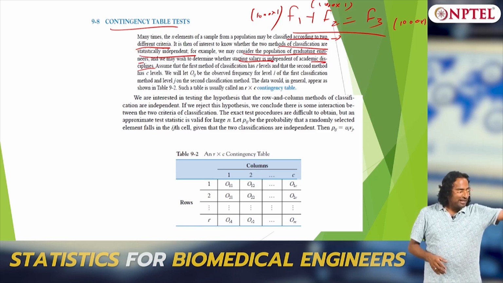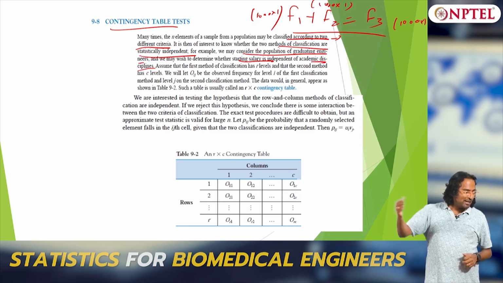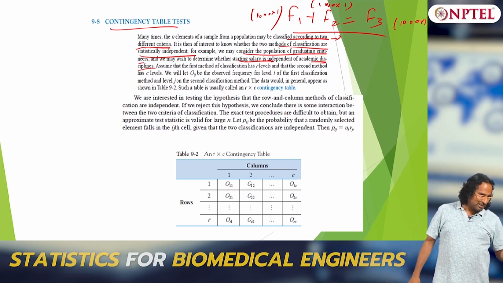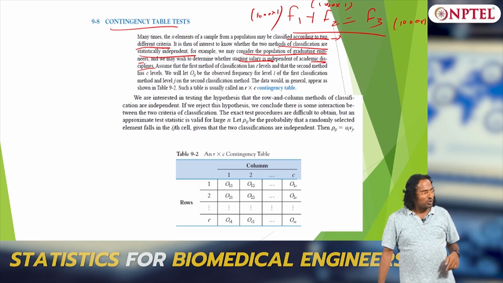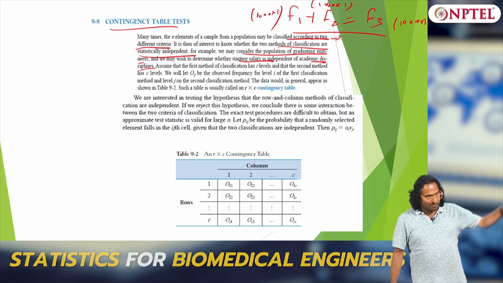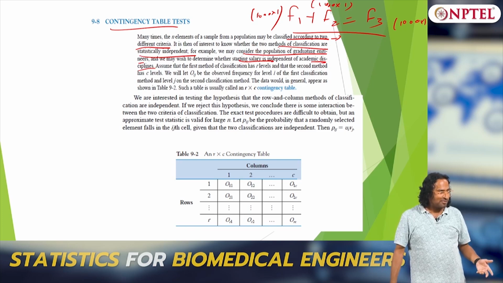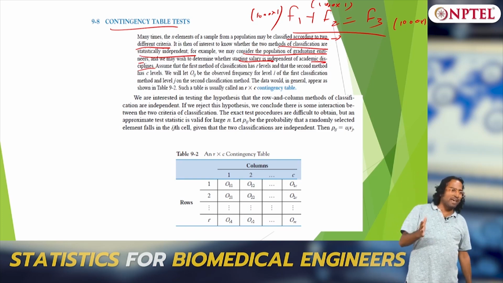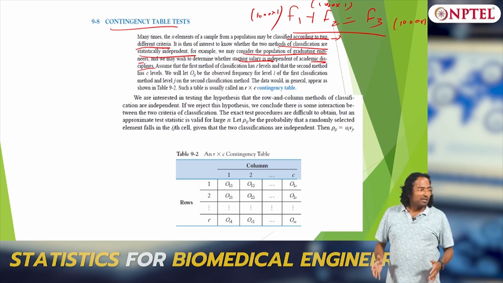The population itself is IID, that is what the CLT's assumption is, and in case of the t distribution the population itself is normal. So you are only assuming about the population. When you want to determine the sampling distribution of x bar, your assumption will be on the population, not on the sample itself. So here we are not testing if the observations are independent. No, it is about the underlying variables being independent or not.